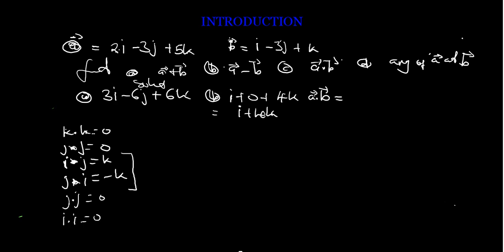So now we are saying a times b. We are multiplying, so we'll bring that vector, which is 2i minus 3j plus 5k, then dot open bracket, we now have i minus 3j plus k, like that, right?